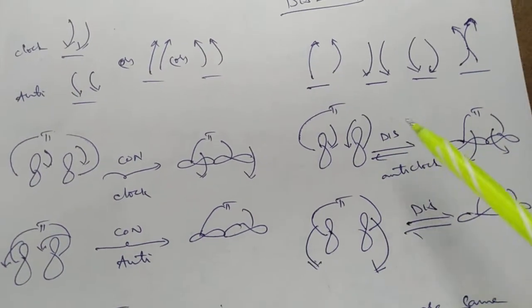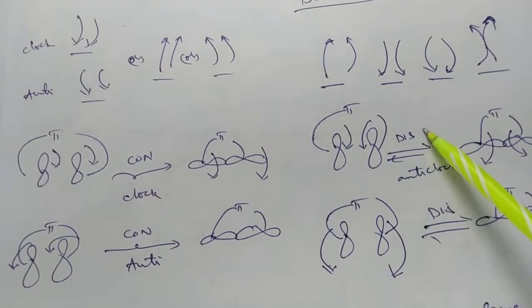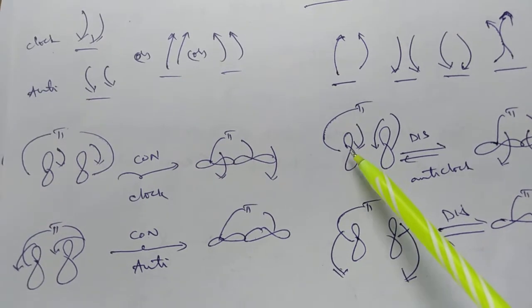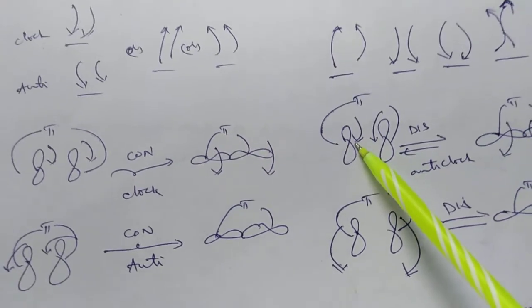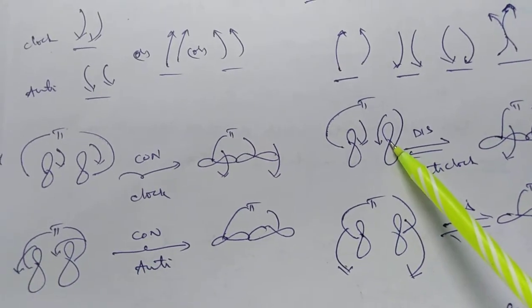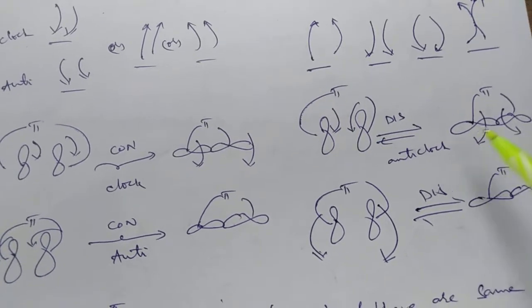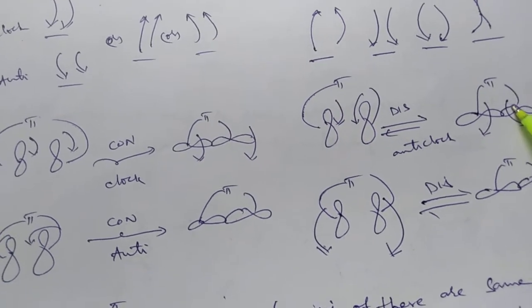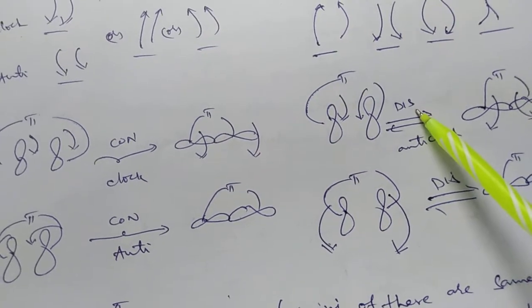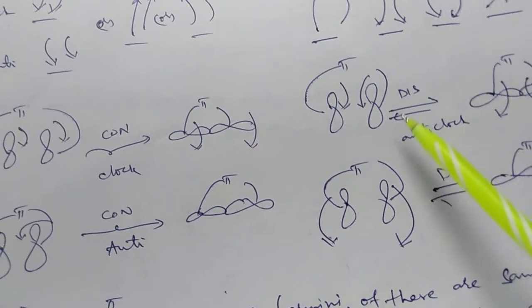And at the same time, in this mode of rotation, at one termini clockwise direction and another termini anti-clockwise direction, also a new bond will be formed in this mode of electrocyclization ring. It is one kind.